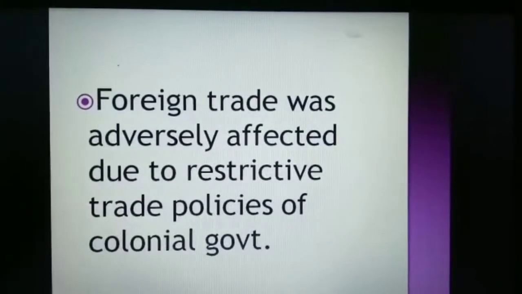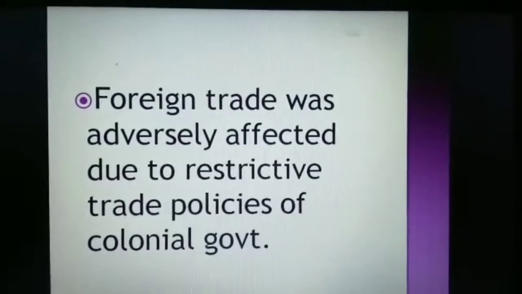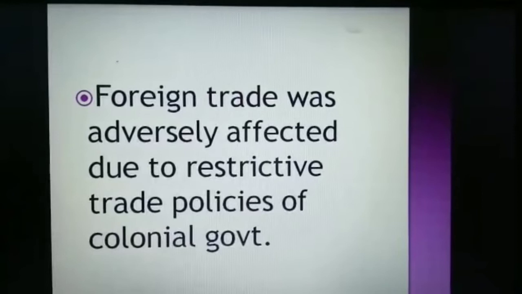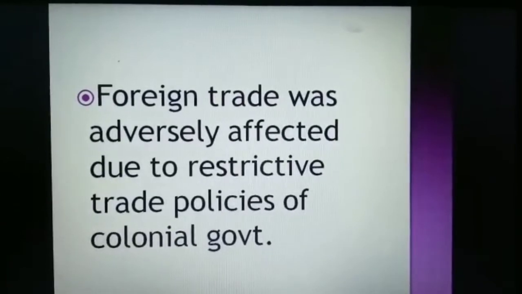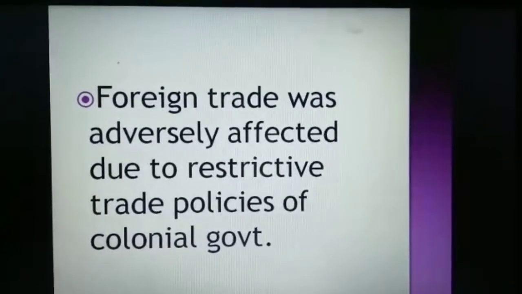Moving to foreign trade. If talking about the condition of Indian economy before independence, or before the arrival of Britishers, India had a very good relationship with the outer world in the area of trade.